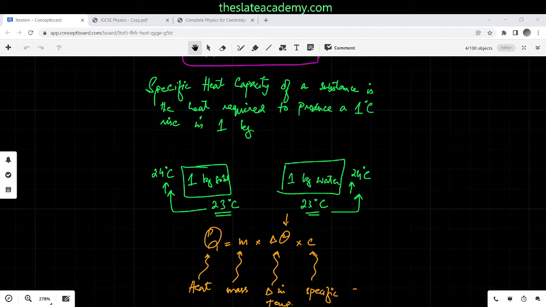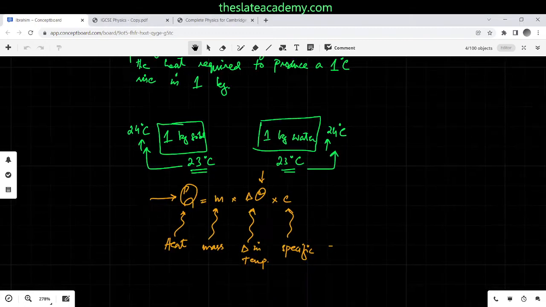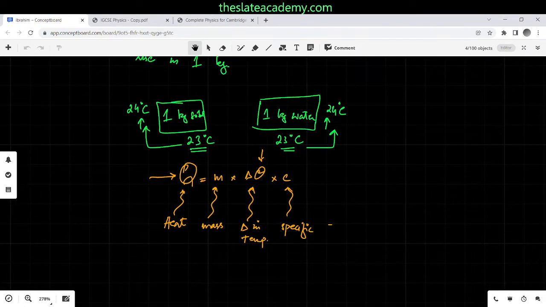So Q is heat. I've written for all of them below what each of them is.